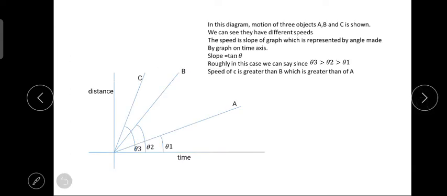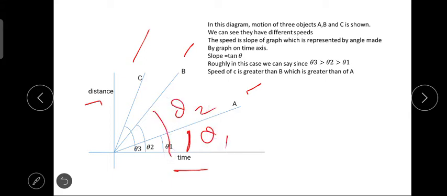Again, if you want to calculate the slope, suppose this is the time and this is the distance. These a, b and c are denoting three different slopes. That means a is making an angle of theta 1 with the x-axis, b is making an angle of theta 2, and c is making an angle of theta 3 from the x-axis.